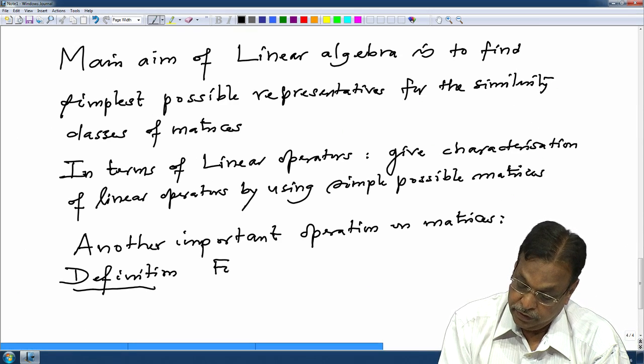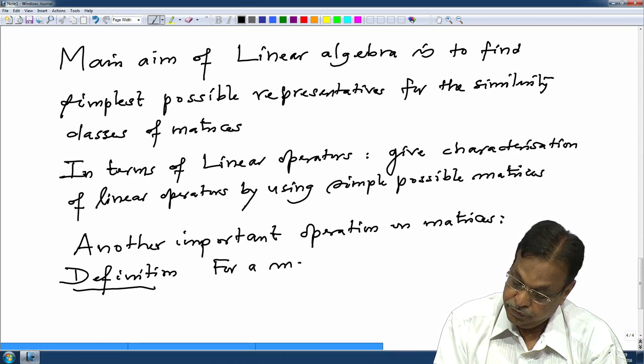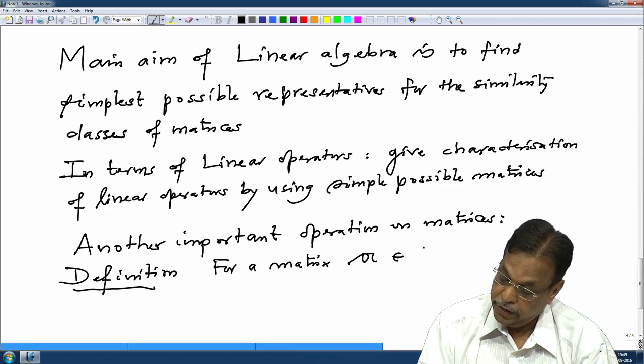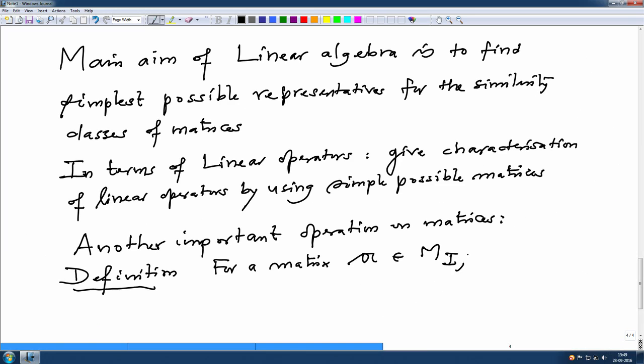For a matrix A in I cross J matrices over K, with I and J finite sets, I define the matrix in the other order, the transpose matrix. I write the transpose on the other side, because I do not want to write it on this side, as you would confuse it with the power.